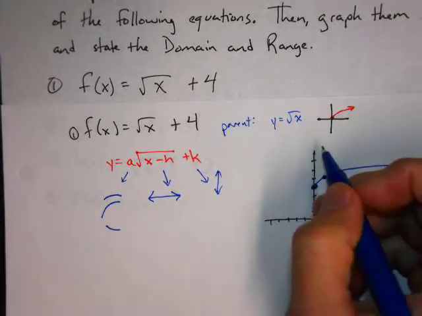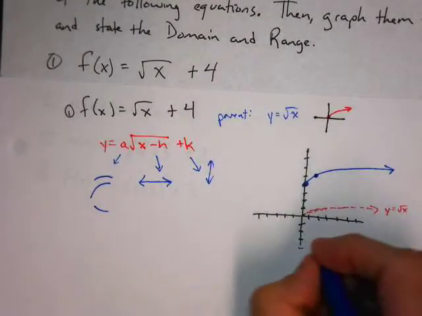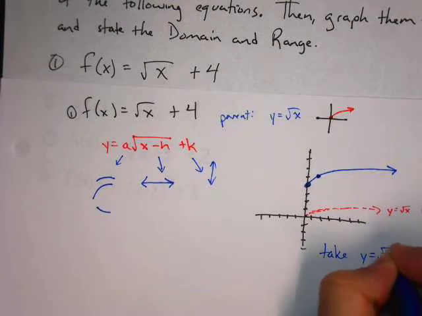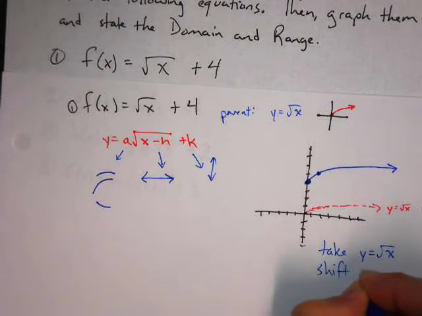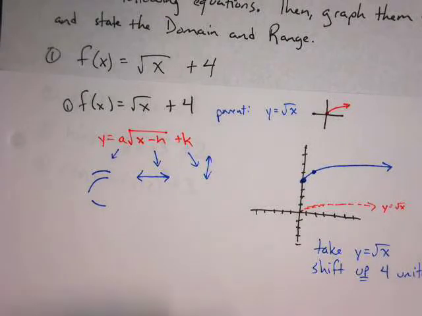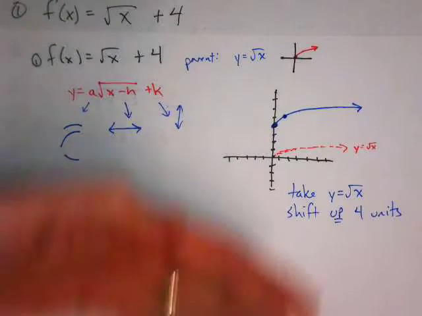And so when I say in the instructions to describe the translations, that's all we're saying: take y equals the square root of x and then shift it up 4 units. And that's how you would describe the translation, right? We're taking the parent function, shifting it up 4 units.